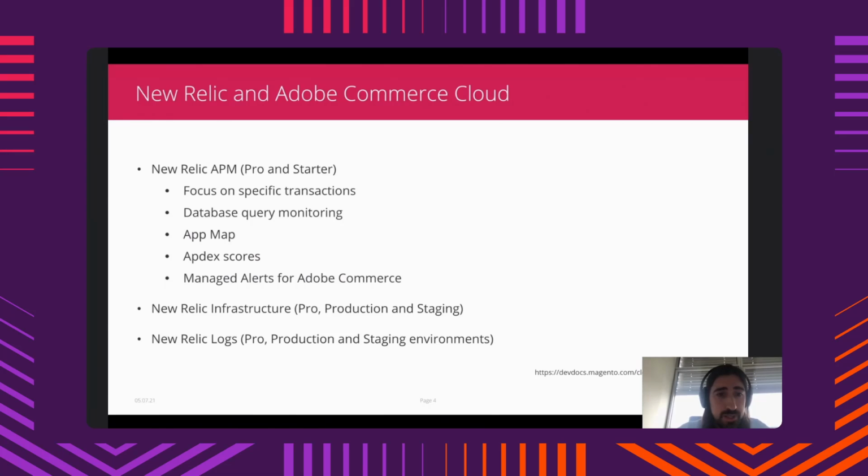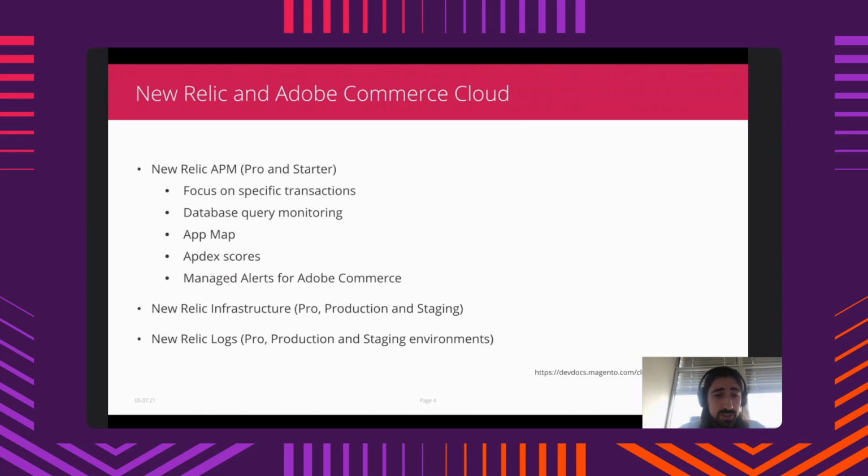In short, what is available when you're working with NewRelic and Adobe Commerce Cloud? We have NewRelic APM, an application monitoring tool. We have infrastructure, which tells you how your system behaves and works in communication with other parts of the software or of the whole infrastructure.